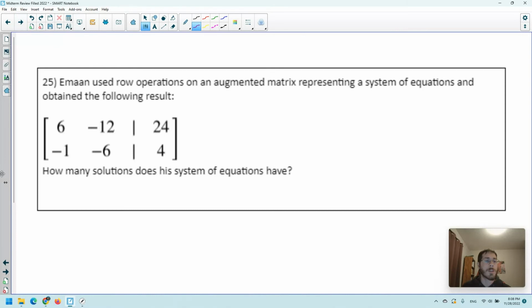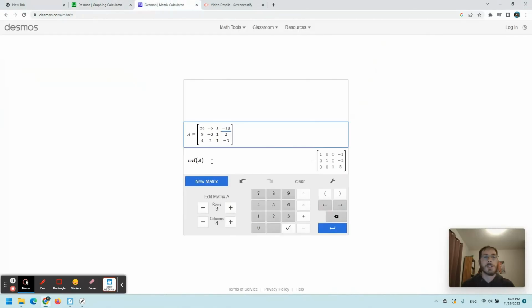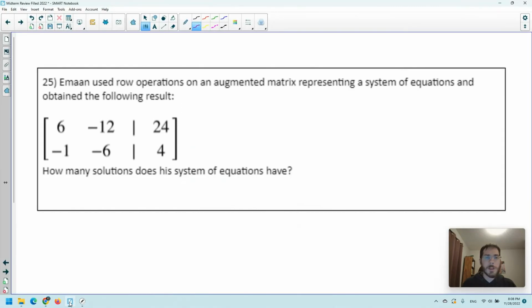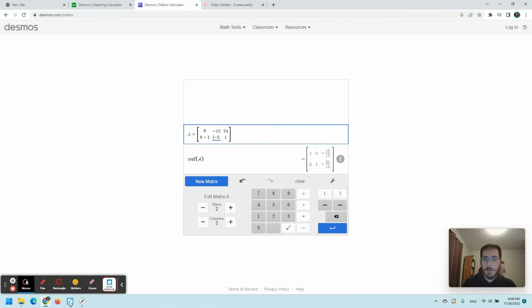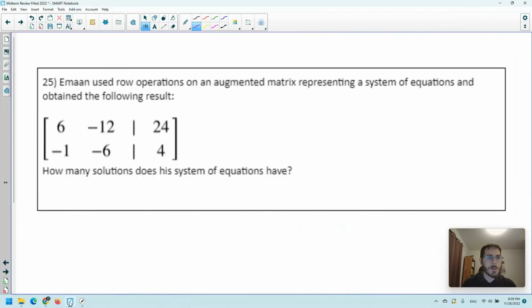So we actually need to go back to our matrix calculator and put this in row-reduced echelon form before we can do anything. So let's see, we need to actually shrink our matrix. I forgot all my numbers. 6, 12, 6, 12, 24, negative 1, negative 6.